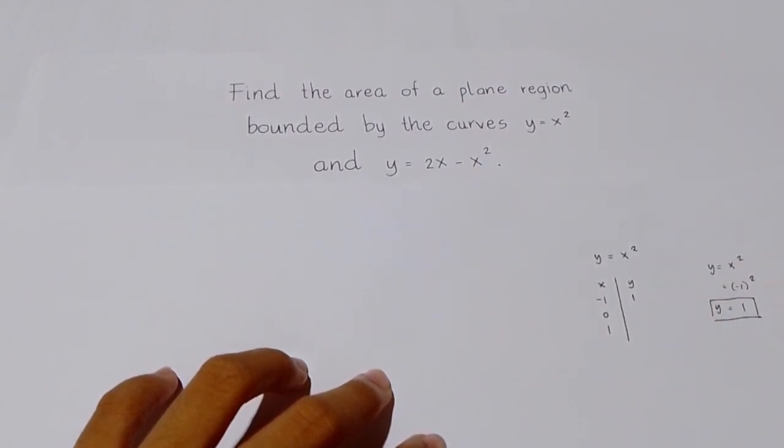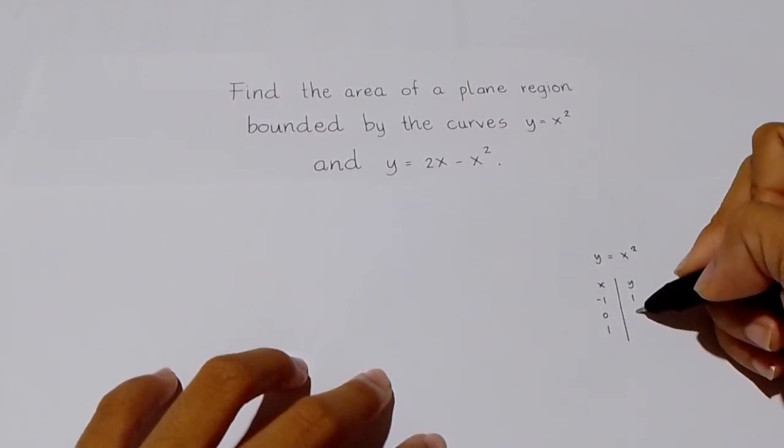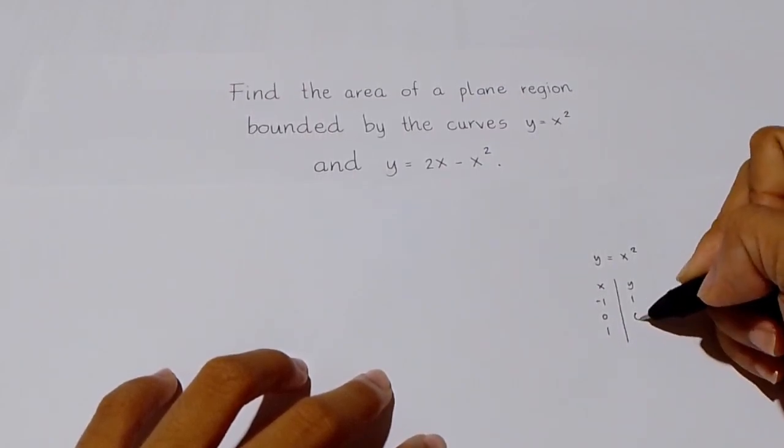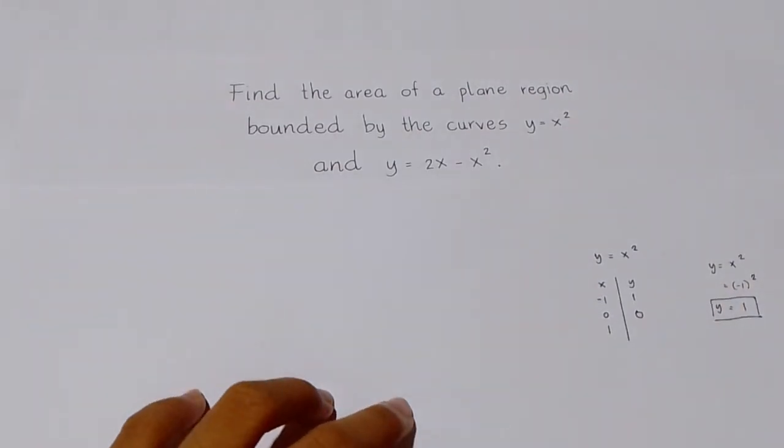When our x is 0, 0 squared is equal to 0. So the value of our y when x is 0 is 0. When x is +1, +1 squared is +1.